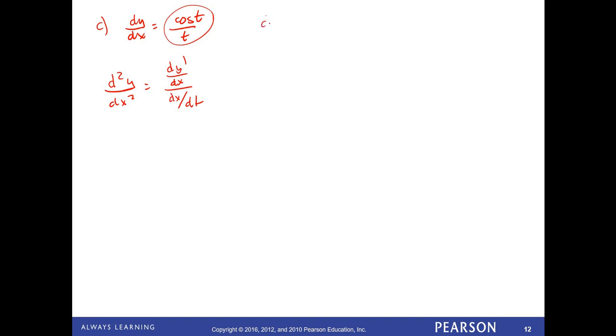So this is going to require a quotient rule. I'm going to use low times the derivative of high minus high times the derivative of low, over the square of what's below.